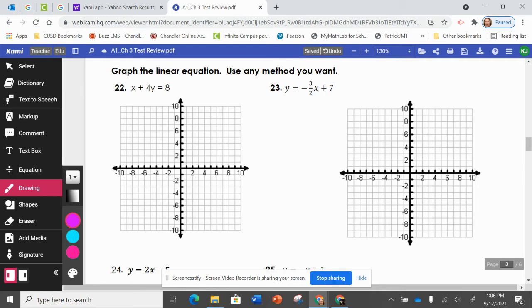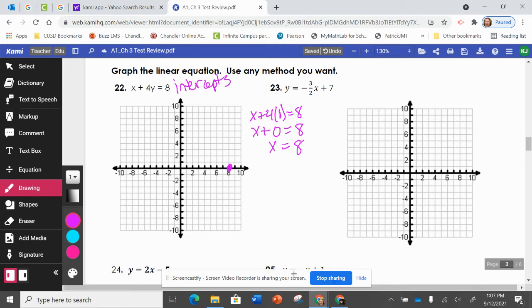Graphing the linear equation using any method you want. Let's see, for 22, I think I'm going to use intercepts. So if I use intercepts for that, I've got, let's see, the x-intercept would be x plus 4 times 0 equals 8. 4 times 0 is 0. x plus 0 is x. So our x-intercept is at positive 8.